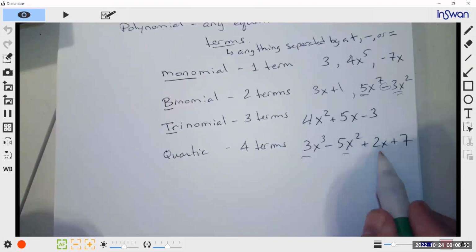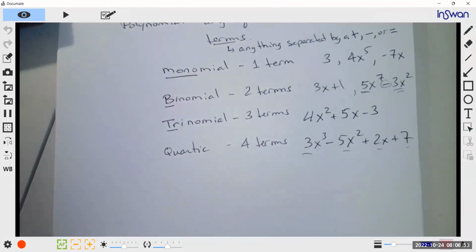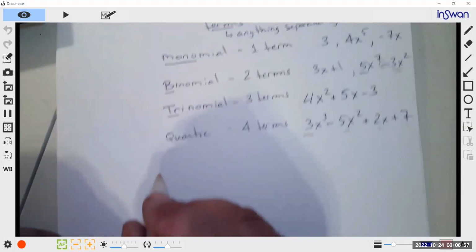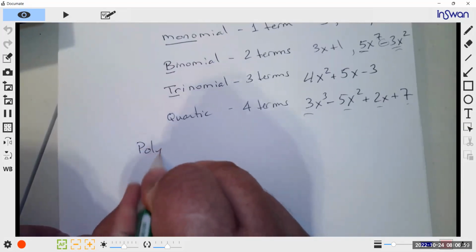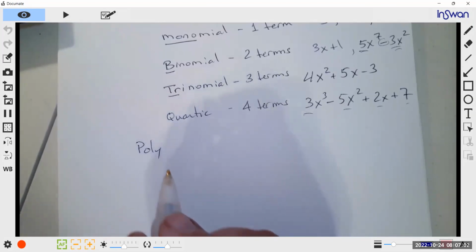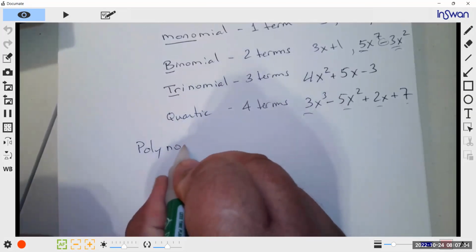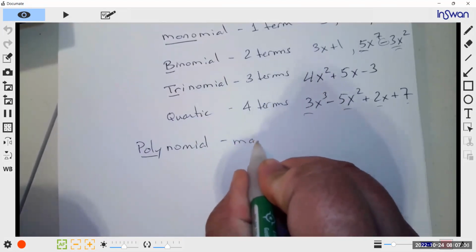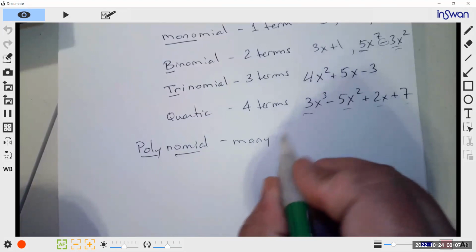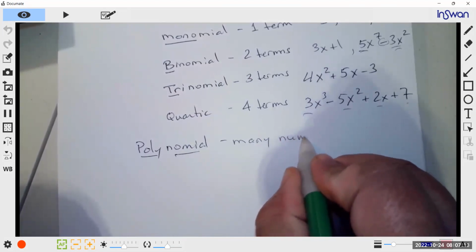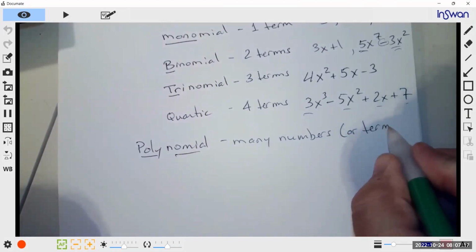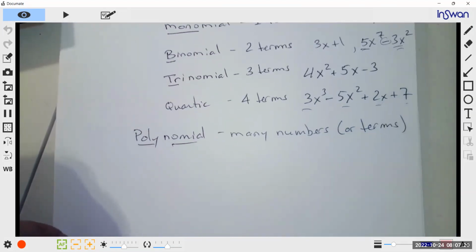So you have 1, 2, 3, 4. And anything else, we have different ways of naming those. All right, so basically then, polynomial, poly means many, nomial means numbers or terms. So a polynomial is an equation with many terms.